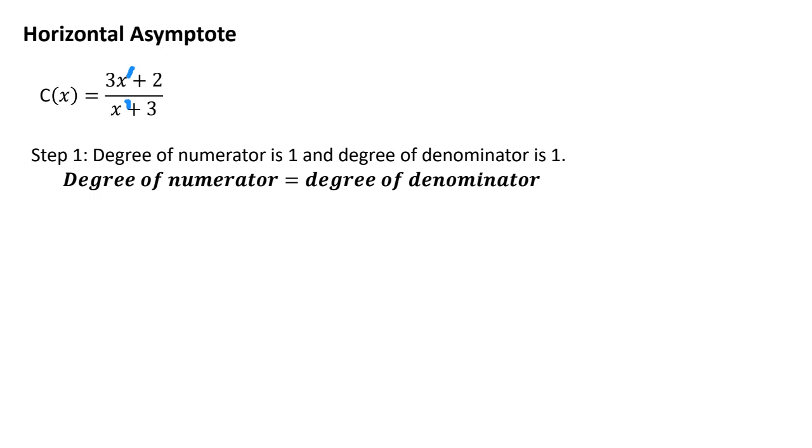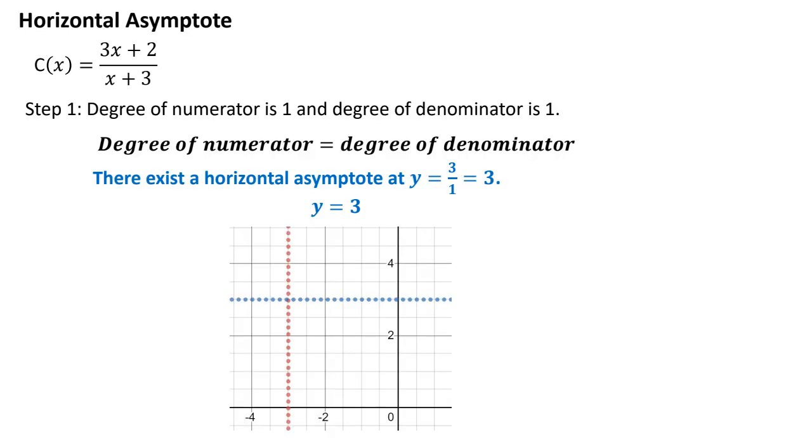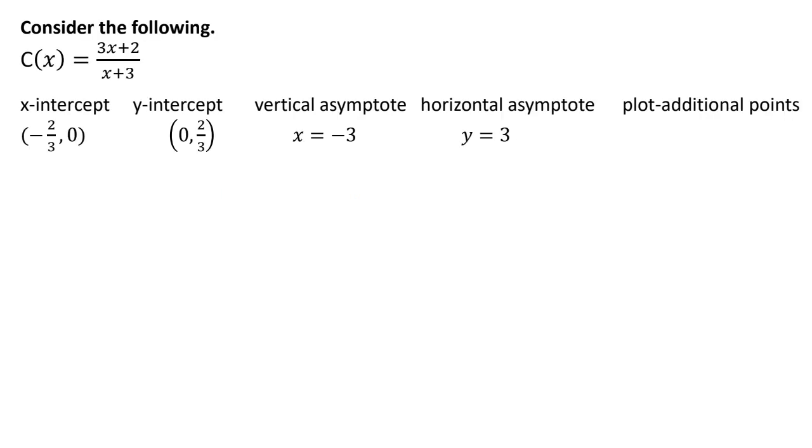So in this case, my leading coefficient of my numerator is 3. The leading coefficient of my denominator is 1. So my horizontal asymptote is y equals 3 over 1, which just simplifies to 3. So I have a horizontal asymptote, an imaginary horizontal line at y equals 3. Okay. All right. So we have these points.